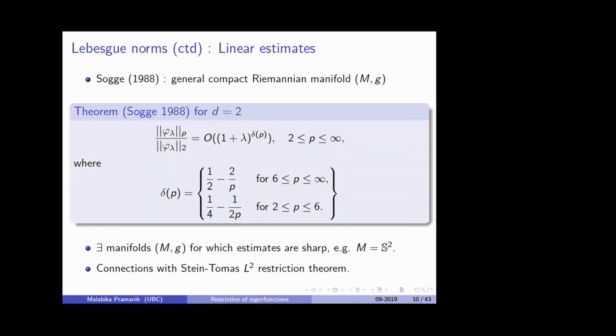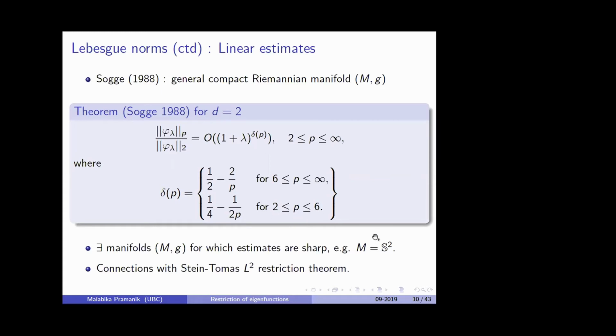The result says that the L^p norm on capital M of an L2 normalized eigenfunction phi_lambda grows like lambda to the power of delta_p, where the exponent delta_p is half minus 2 over p for p larger than or equal to 6, and a quarter minus 1 over 2p for p between 2 and 6.